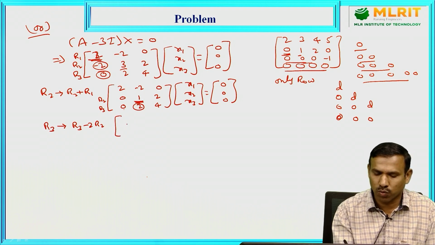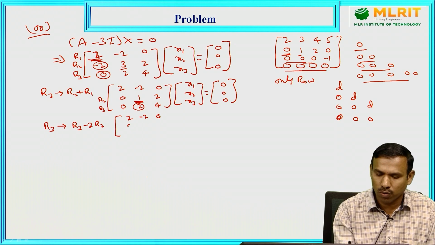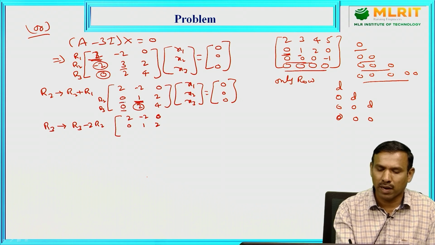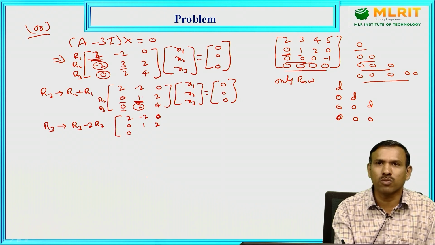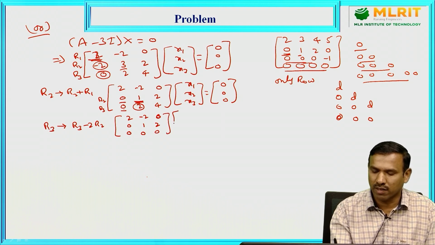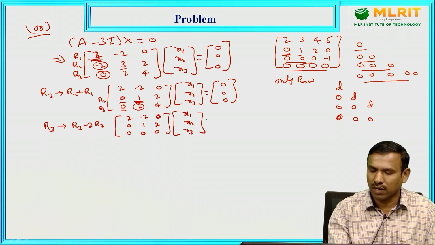The first row we are not changing: 2, minus 2, 0. The second row we are using, so it should not be changed. Next, the third row, R3 minus 2 R2: 0 minus 0 is 0, 2 minus 2 into 1 is 0, 4 minus 2 into 2 is 0. So it is in echelon form, with x1, x2, x3 equal to 0, 0, 0.